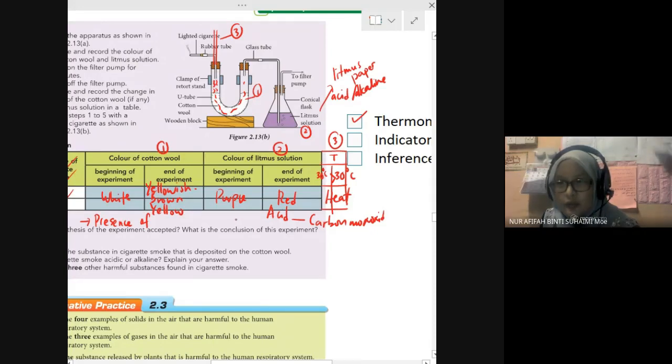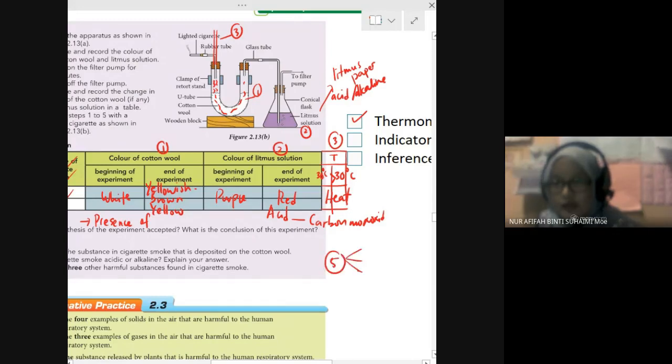Because of what? The five harmful substances that you have learned just now. Which one causes your lung to become black? Faster. Which one?